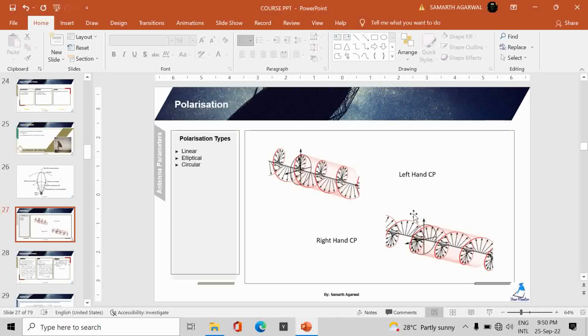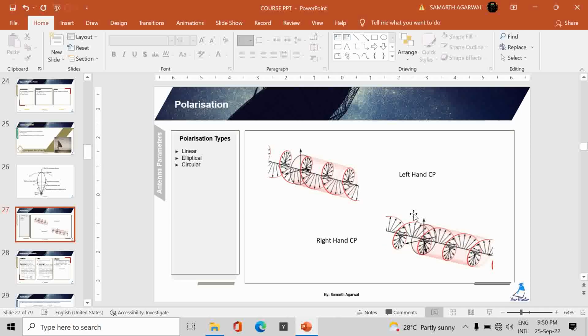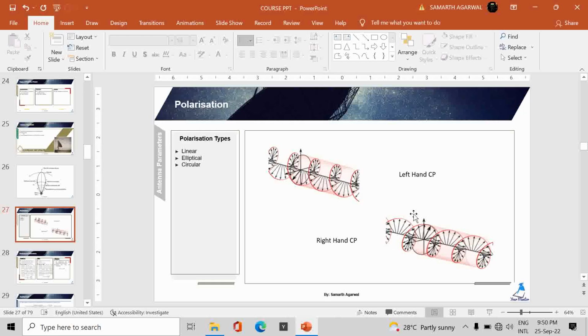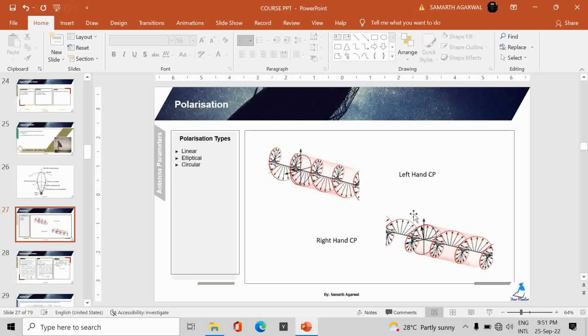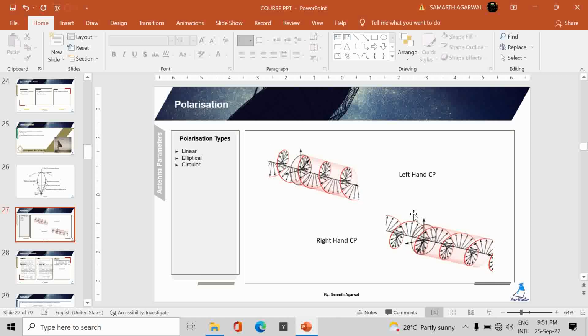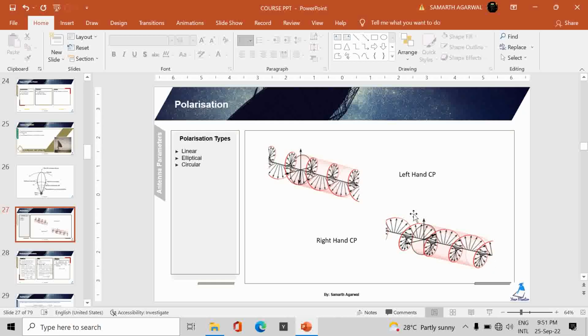In LHCP, the field vector will rotate in a clockwise manner, but in the RHCP, the field will rotate in the anti-clockwise manner.